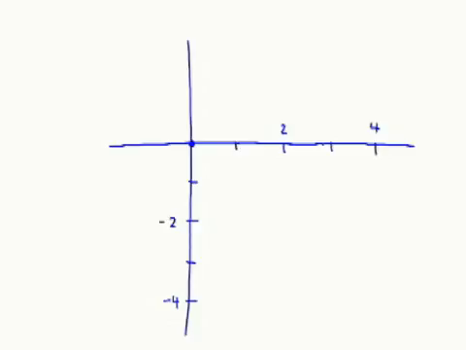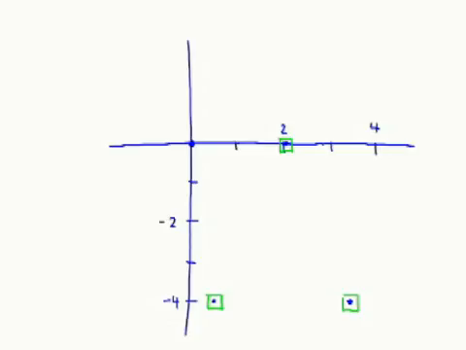I knew that one of my extrema was at 2, 0, so that one's plotted. Another extremum is at 3.41 and negative 4. And then the last extremum is at 0.59 and negative 4. I've put little green squares around those to signify that those are the extrema that I previously calculated.